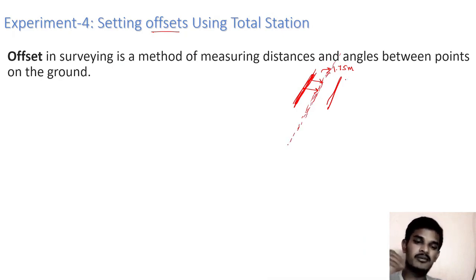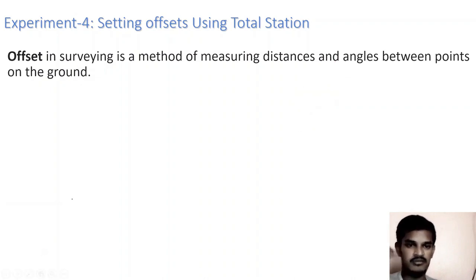So the method of measuring the distance or angles is nothing but the offsets, right? We generally come across these offsets while marking roads, or in order to lay any particular railway lines or anything.